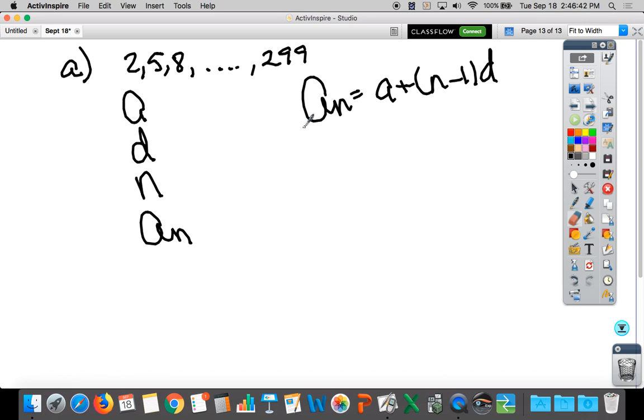And that's the formula. So those are my 4 variables. I've got to have 3 of the 4. I have an A, 2. I have a D, 3. The N is what I'm looking for, so what in the world is the A sub N? That's the tricky part.